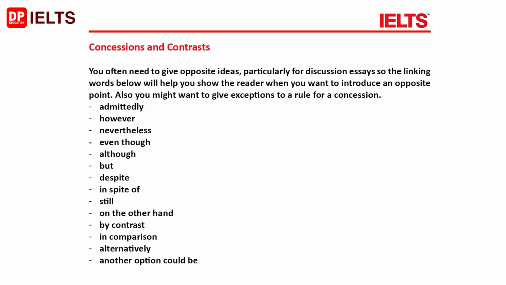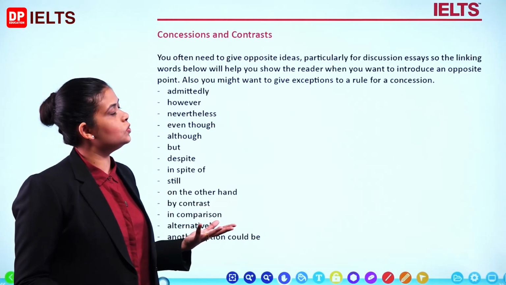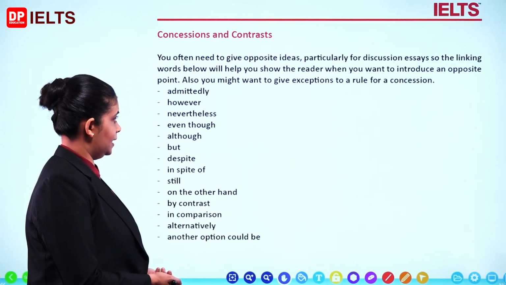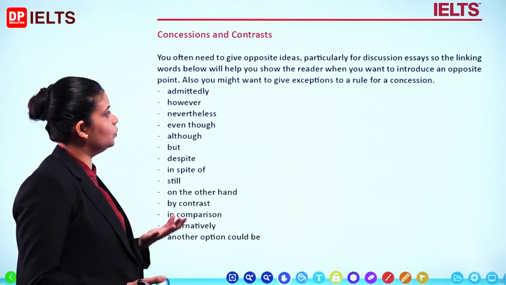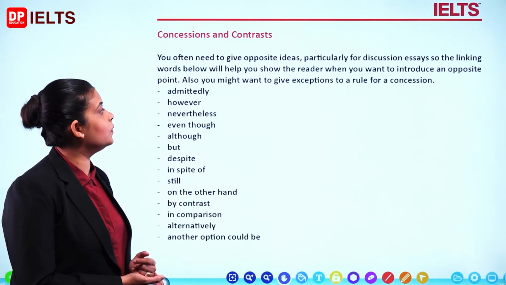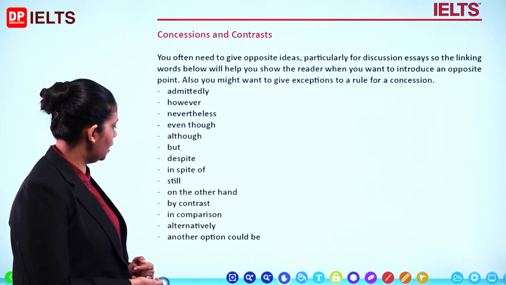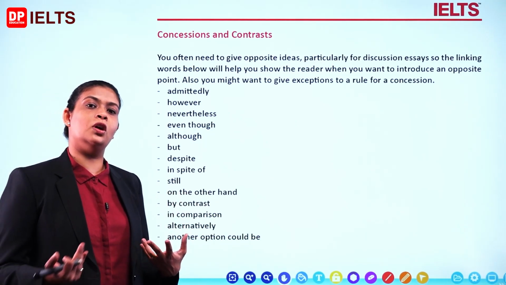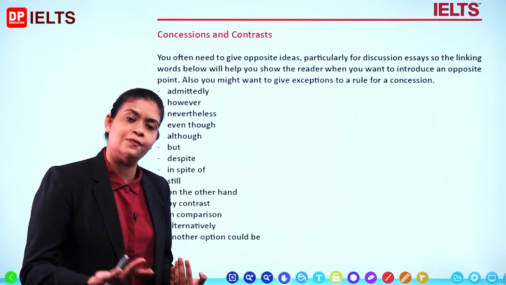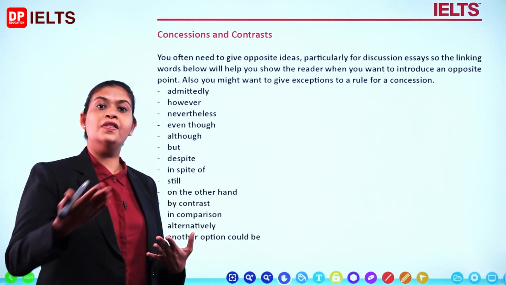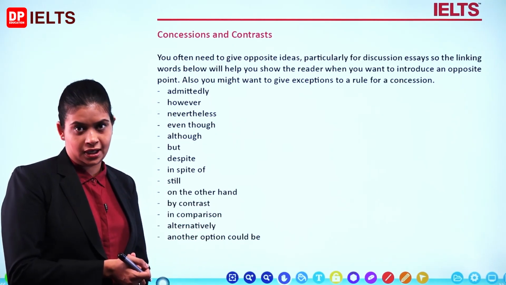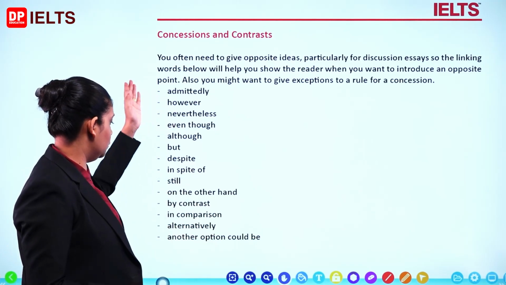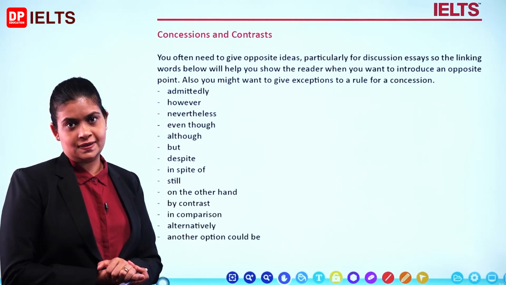Concessions and contrasts, right? So sometimes you would need to give opposite ideas. And if so, you would want to link your ideas together, right? So if you want to give exceptions, if you want to show a different view, okay, the other side of a certain problem or an idea, then you could use some of these words.